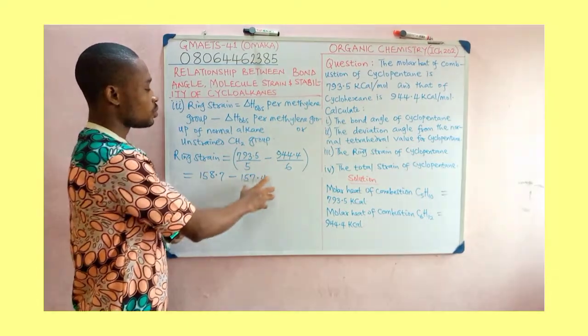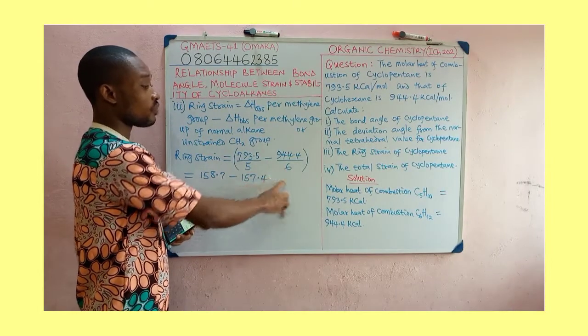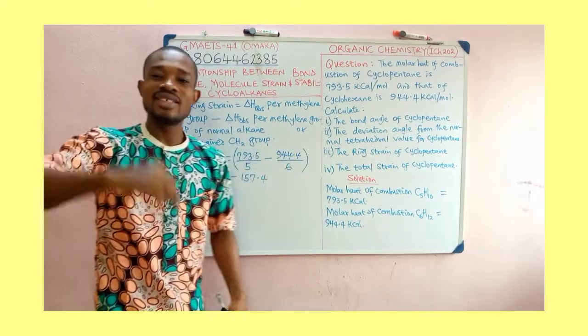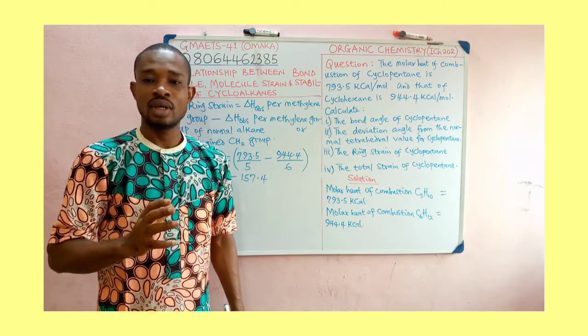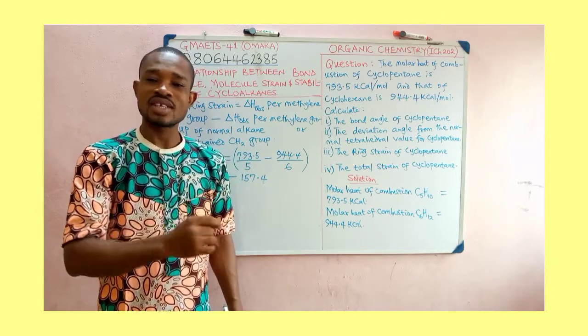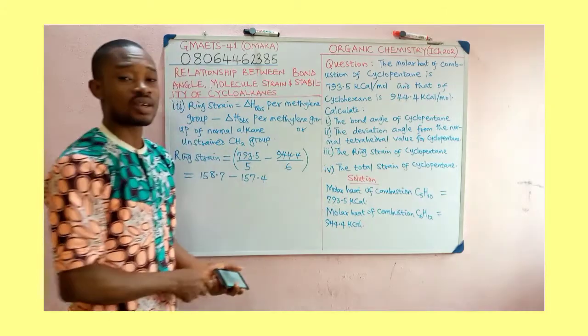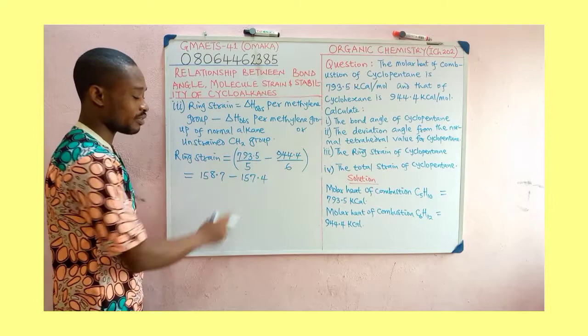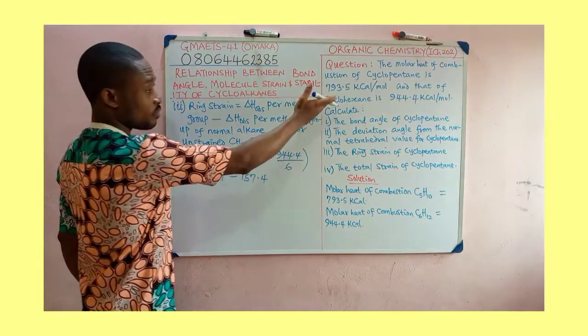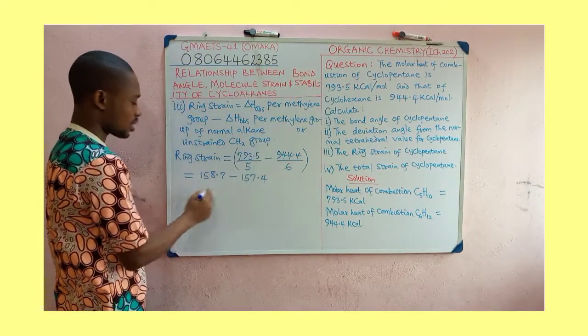This observed heat of combustion per methylene group for cyclohexane is the same as the observed heat of combustion for a normal alkane, and that's why it's used as a reference value. In most cases, in the given question, it will be given. But if it's not given and they give you the molar heat of combustion, of course, you can work it out.